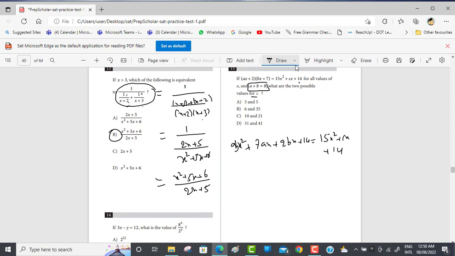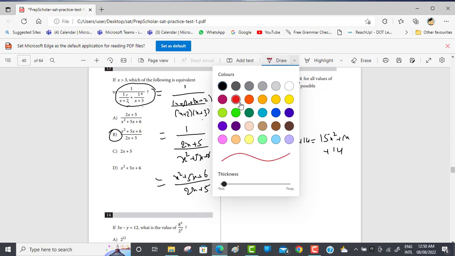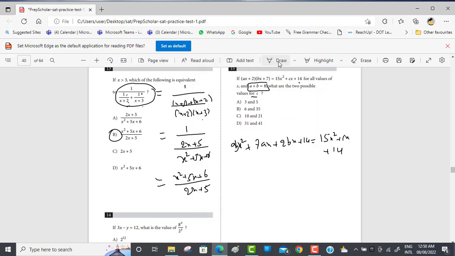By identification, comparing the two sides, the number multiplied by x squared equals 15, so ab equals 15, and the coefficient of x, which is 7a plus 2b, equals c, and of course 14 equals 14. So a times b equals 15, and we need to find c equals 7a plus 2b, so we need to find a and b.